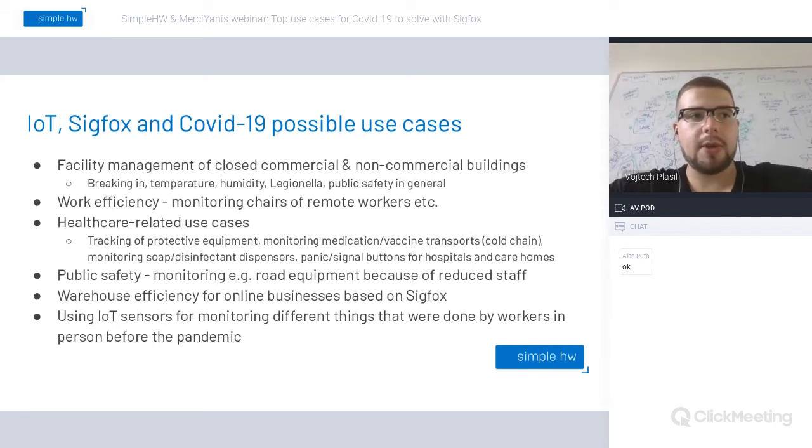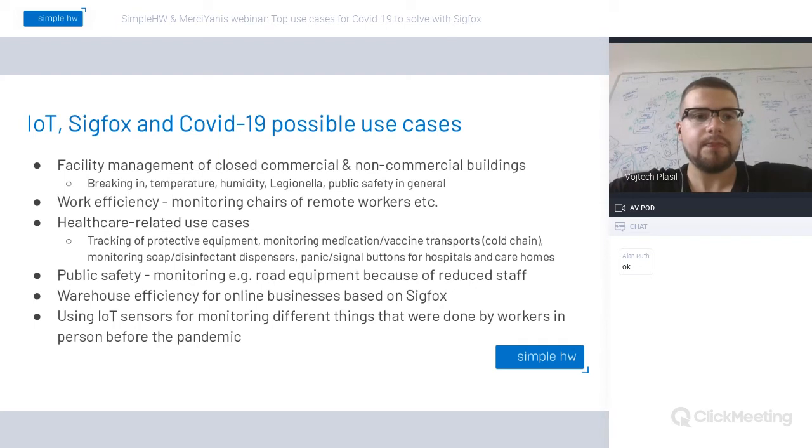But let me just mention that IoT can be used to monitor that the buildings were not broken into, the temperature and the humidity are okay, that the water drainage and water systems in general are safe from any conditions for Legionella and other various bacteria to grow.